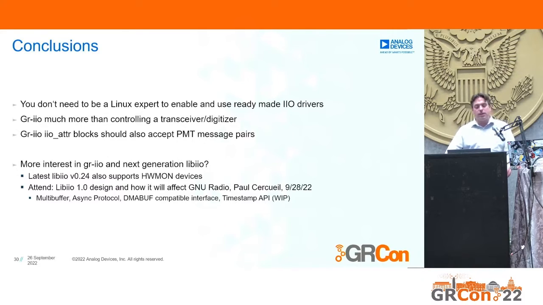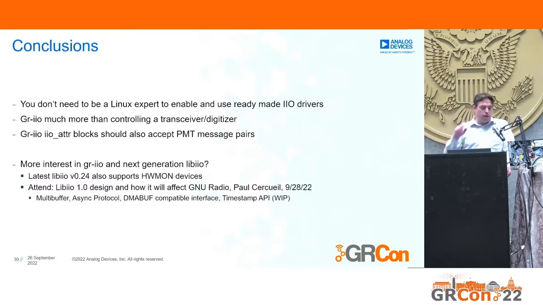If you're more interested in GRIO and the next generation of libIO, there is going to be a talk, I think on Thursday, from Paul. He will talk about libIO design and how it will affect GNU Radio. He will talk about multi-buffer support, async protocol, a DMA-buf compatible interface, and a new timestamp API that is also currently being discussed.